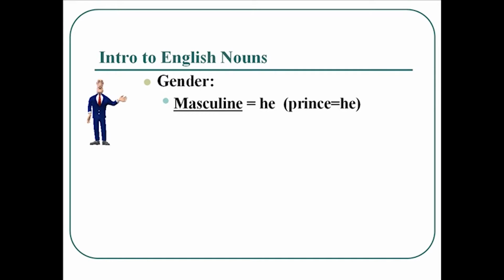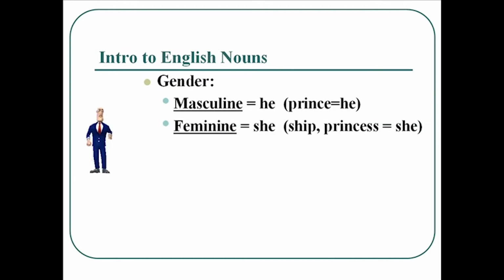So let's first of all look at the things that are very similar to English in terms of the gender. In Greek, as in English, we'll have a masculine. In English, for example, he. The prince is a he. The feminine is she. So a ship is feminine in English. The princess is feminine.